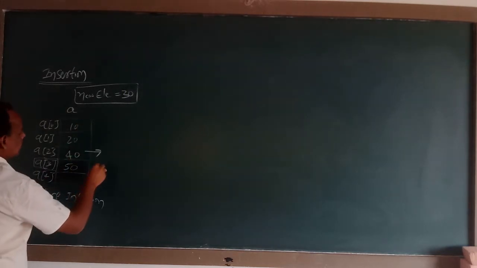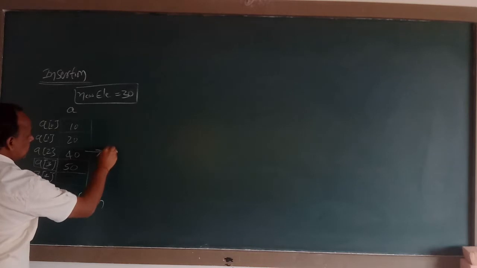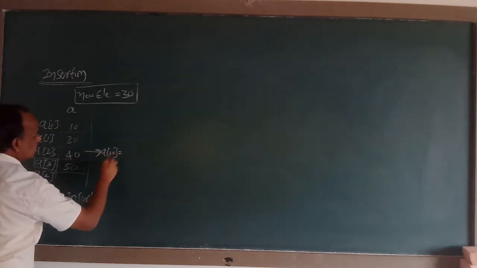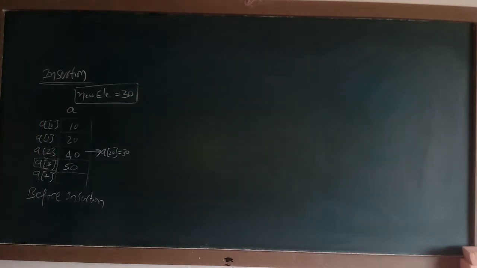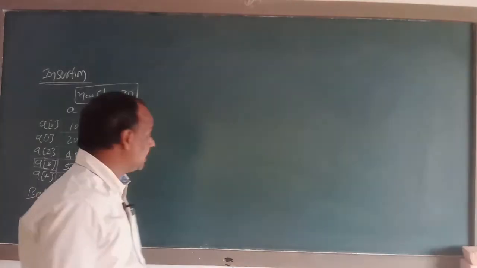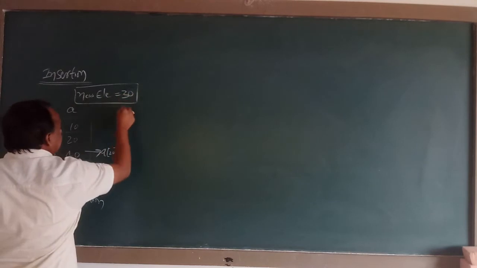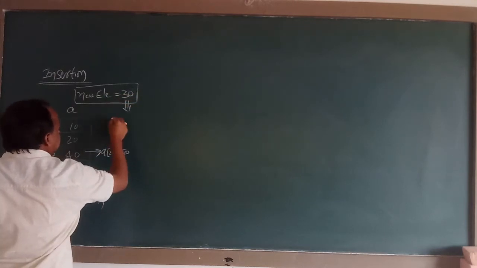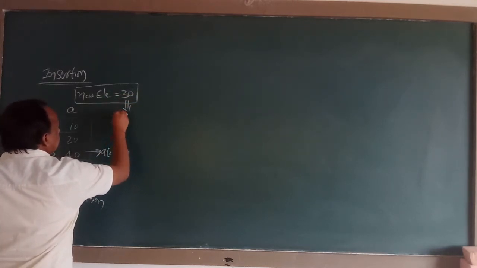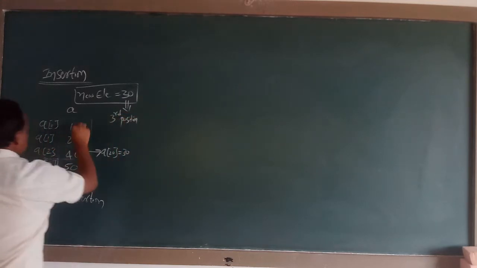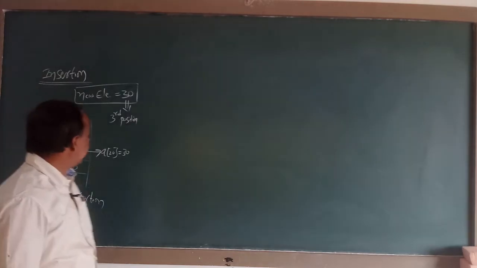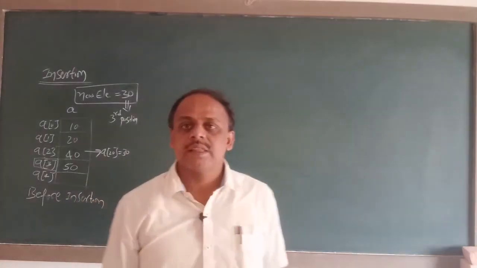Here in A of 2 we have to place 30, in the third position, right?